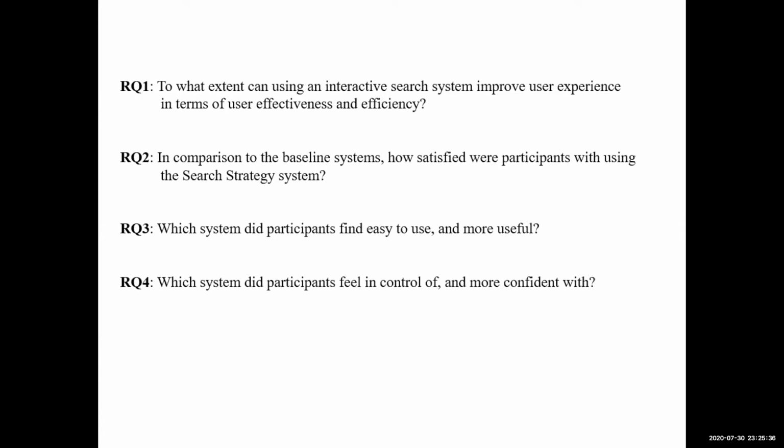And our search system is involved not only in the assessment stage, but also in the training stage or training phase. The second question is to compare two systems in terms of user satisfaction. The third and fourth are to know the usability and usefulness, and confidence, and whether users feel more in control.